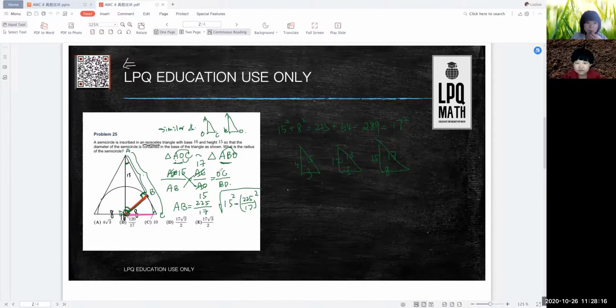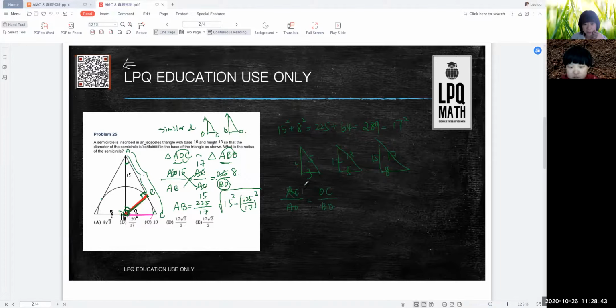Let's take a look at this one. So OC equals 8, right? And BO is something we want to know, right? Yes, BO. If you want to know BO, you can just switch, because you see AC to AO equals OC to BO, right?